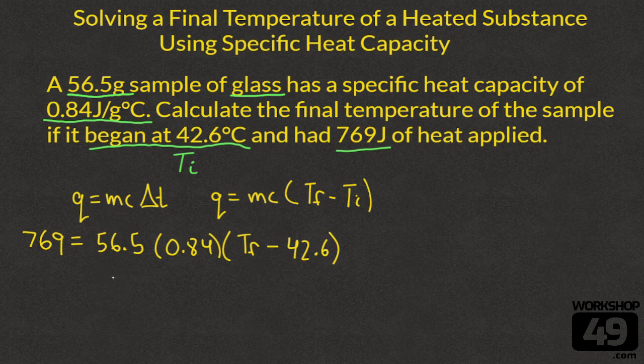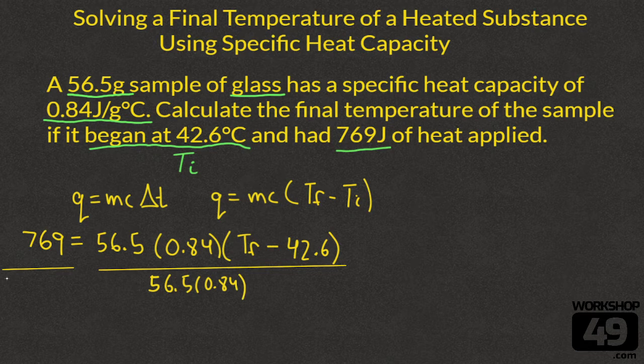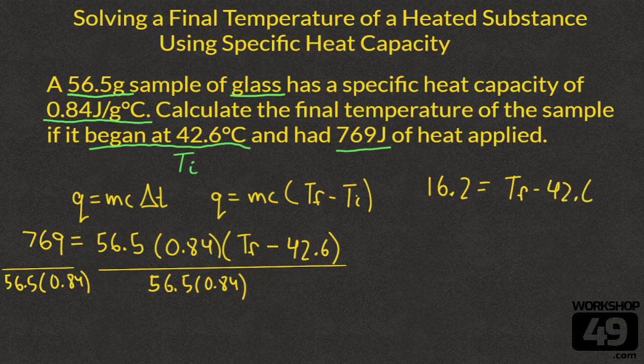So let's go ahead and algebra this up, and we're just going to clean this up by dividing it out. We're going to divide this side by the 56.5 and the 0.84, and we're going to do the exact same thing to this side, divide it by 56.5 and the 0.84, and that's going to leave us with 16.2 is equal to temperature final minus 42.6.